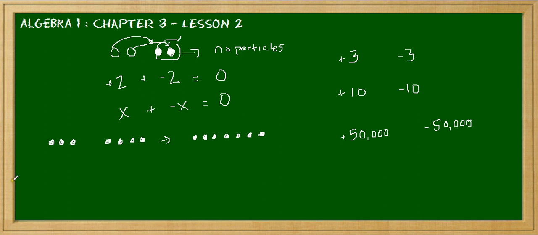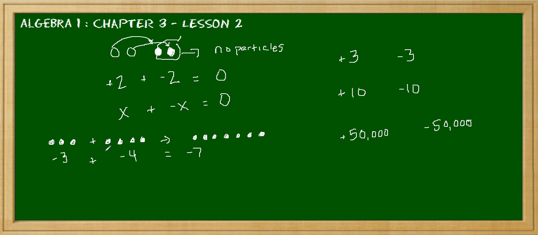But if we were to look at this as numbers, we would say that this is negative 3, we're adding negative 4, and that would give us negative 7. As we can see, we have 7 antiparticles because they're of the same type, so we're increasing that type. Negative 3 and negative 4 are both negative, so we're adding a negative onto a negative. So think of it that way.